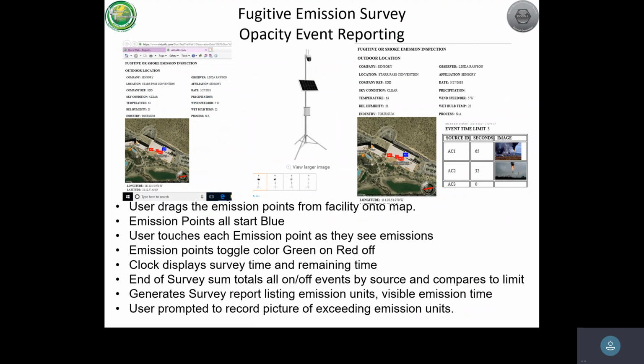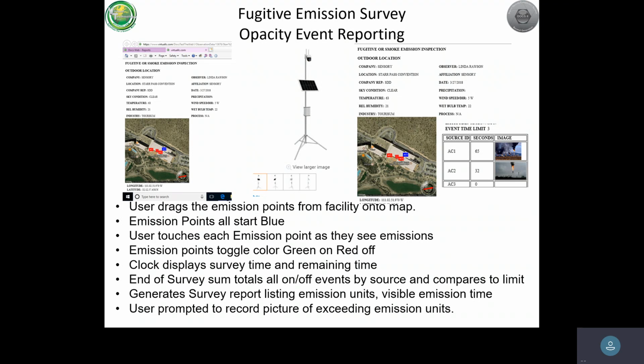This is a fugitive emission system, again, one of those backyard systems, and also a complaint management system that we do. This is for doing multi-part surveys. Another feature is if you have more than 10 or 12 emission sources in your facility and you want to walk through and watch, and you have in your permit that you're able to do that, they call that instantaneous opacity watches in Arizona.